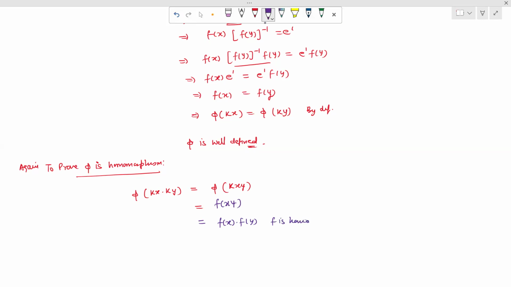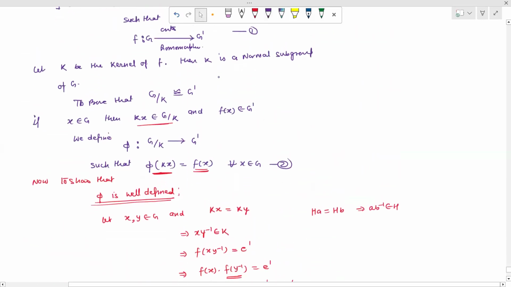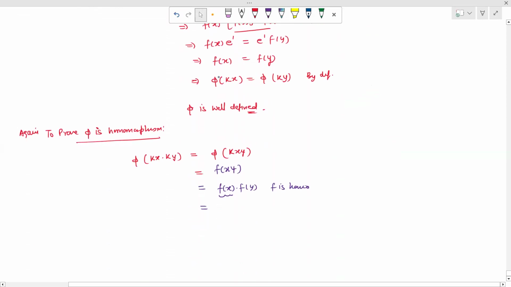Now we are proving phi is a homomorphism. The function f is already a homomorphism, you remember. So this can be written as f of x into f of y. And f of x is equal to phi of kx, so this can be written as phi of kx into phi of ky, by using equation number 2.